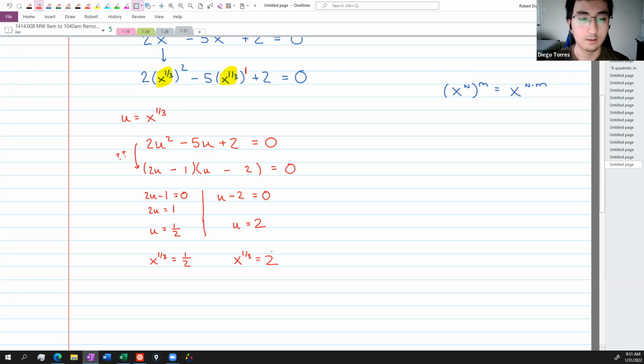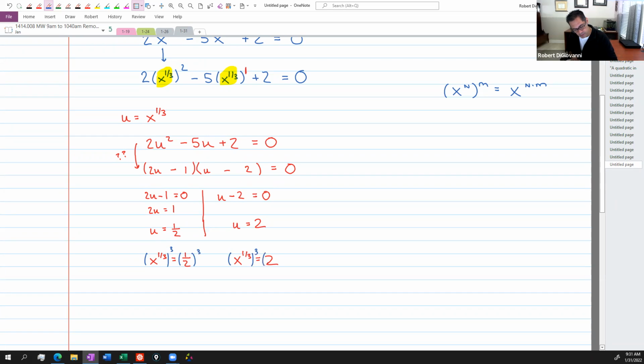So you would raise both sides of either equation by 3, right? 3 on this one, 3 on this one. Okay, keep going. What would you get here? The x to the 1/3, raised to the third, just gives you what?